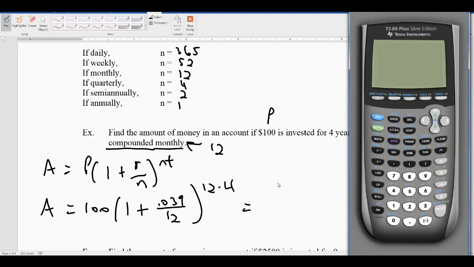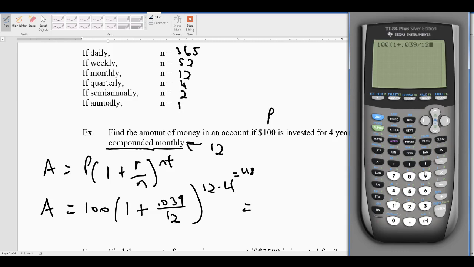Now, if you need to, before you start using your calculator, you might want to recognize that 12 times 4 is 48. It just depends on your calculator, on how you want to approach it. With the graphing calculator, I'm just going to type it in all at once, because it is easy to do it this way.